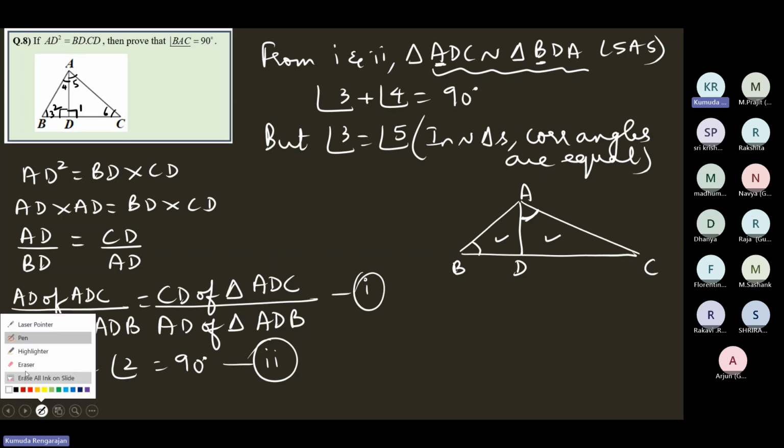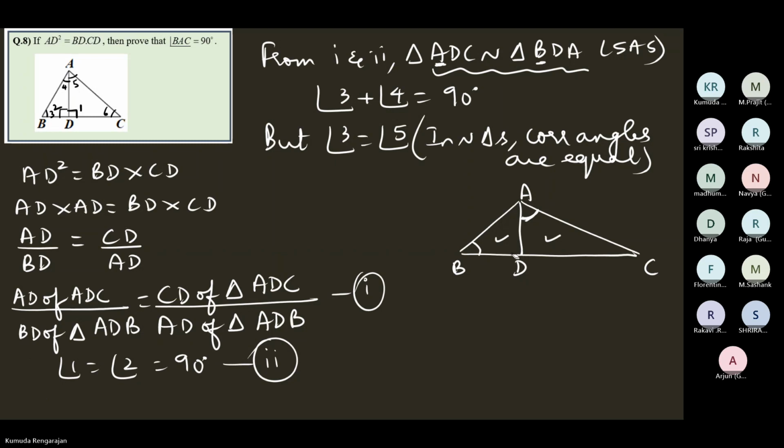Let's write the other results also, children. Then look at this one. D of ADC is equal to D of BDA. This is BDA. This is D of BDA. Yes, 90 each, that we already know.